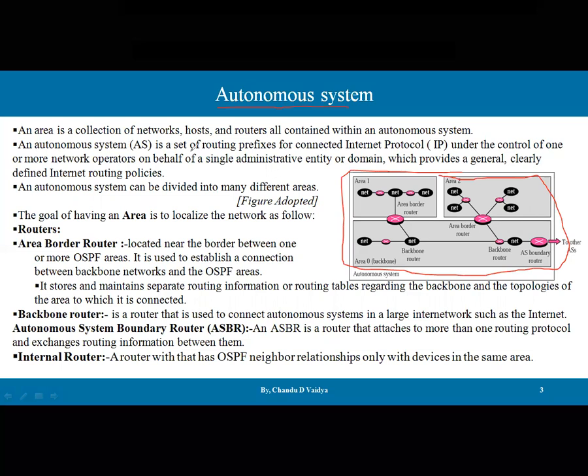An autonomous system is a set of routing prefixes for connected Internet Protocol networks under the control of one or more network operators on behalf of a single administrative entity or domain, which provides a clearly defined internet routing policy. This autonomous system is governed by one system administrator's policies. There are governing rules in place.